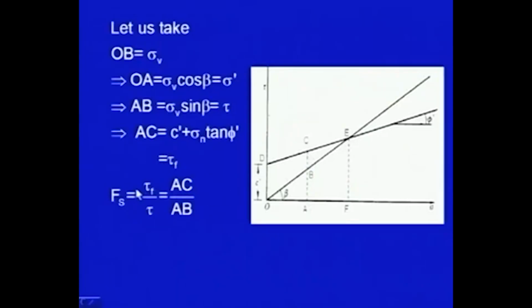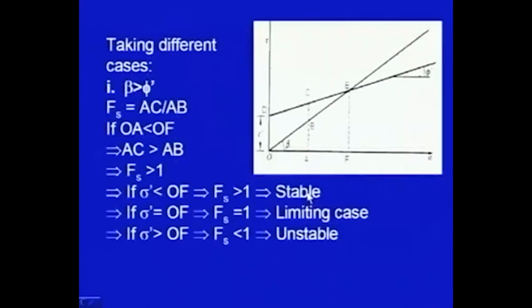Now, the factor of safety, as I told you, was tau f upon tau. So, in this diagram, I can write the factor of safety will be equal to AC upon AB. This is an interesting case and it will give us very important conclusions.